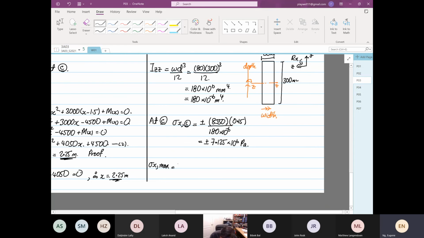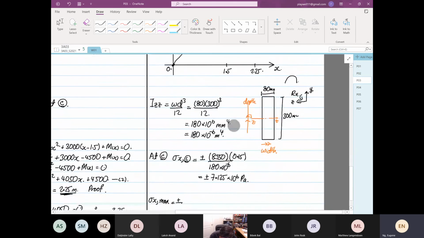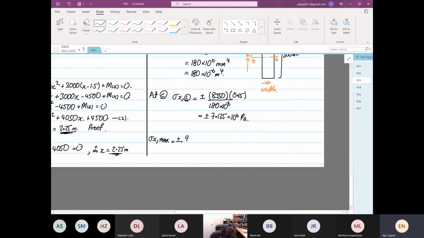So stress x max will be plus or minus. The maximum moment value that we found is 9056.25. So 9056.25 multiplied by the same thing, divided by 180 times 10 to the power minus 6.